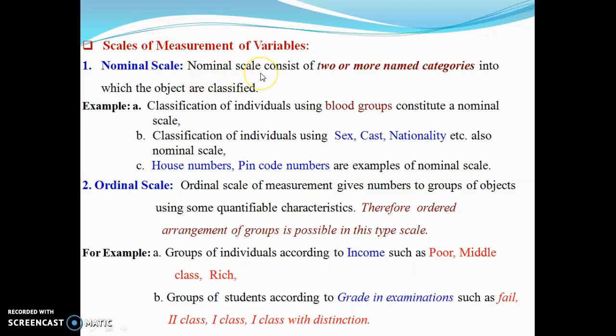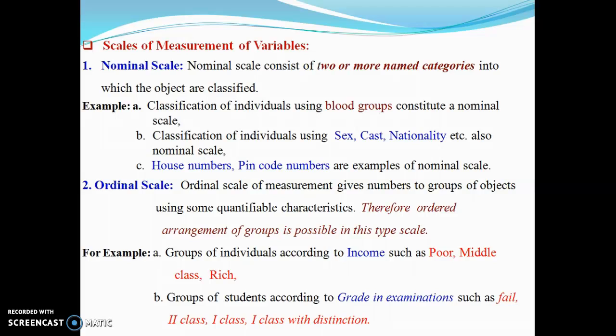Nominal scale consists of two or more named categories into which the objects are classified. For example, classification of individual blood group constitutes a nominal scale. Or another example, classification of students in various divisions of the same standard also represents a nominal scale.